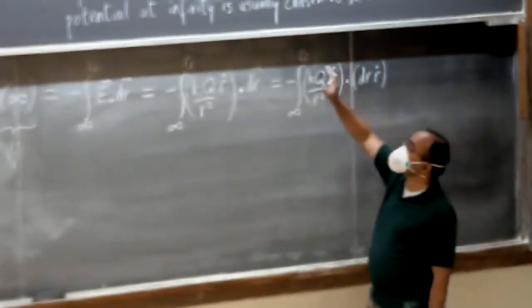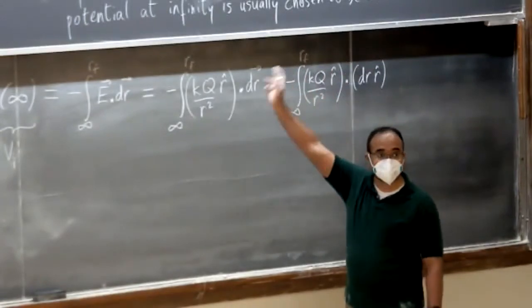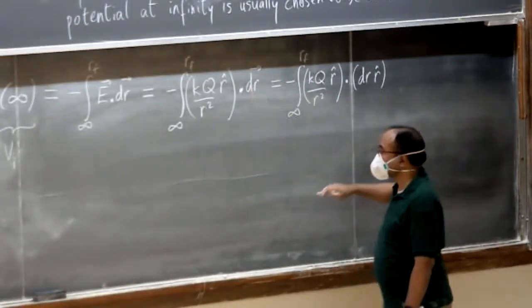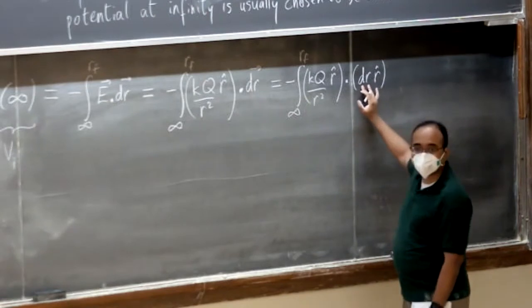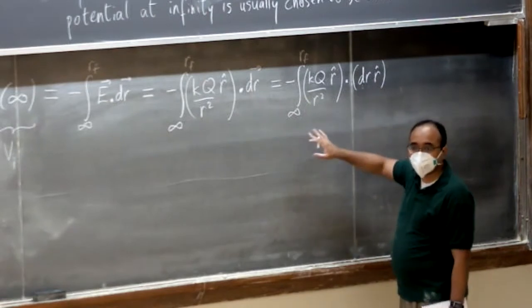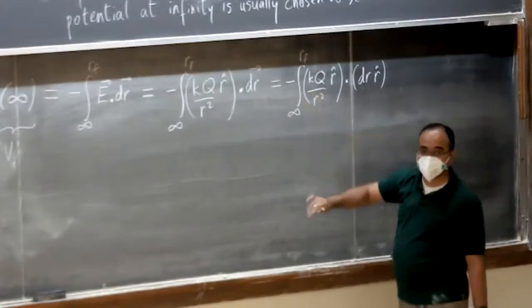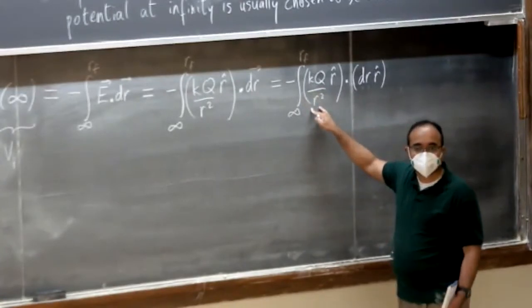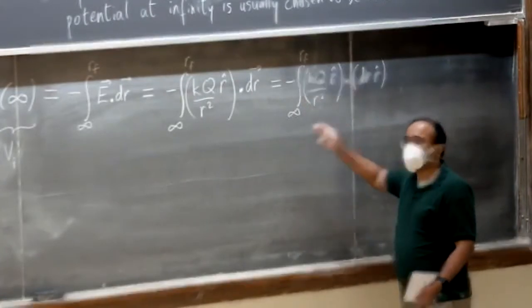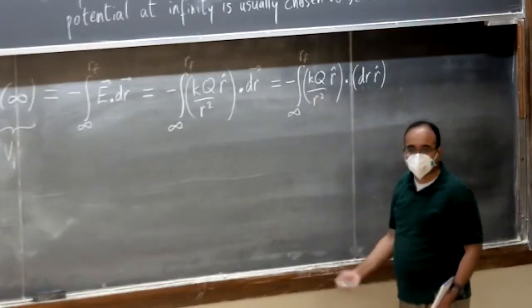If this doesn't feel comfortable for you, it's okay. You can just imagine that we're bringing it along the x-axis, and so then this would be dx over here. And since we had set the charge at the origin, the r would be x, so it would be kq over x squared.